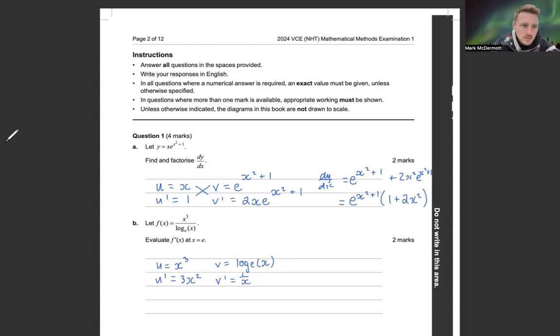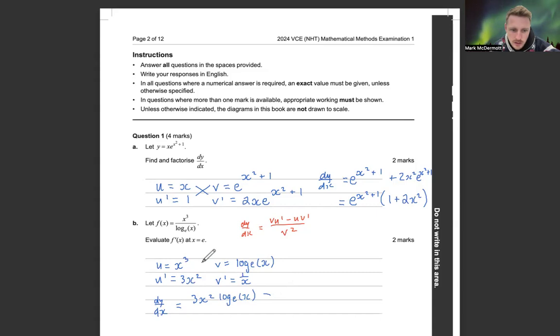Okay, the quotient rule, for those who may have forgotten, is dy dx of the quotient of two functions is v u dash minus u v dash divided by v squared. So now if we apply that to here, we're going to get dy dx equals v u dash, so 3x squared log e x, minus u v dash.